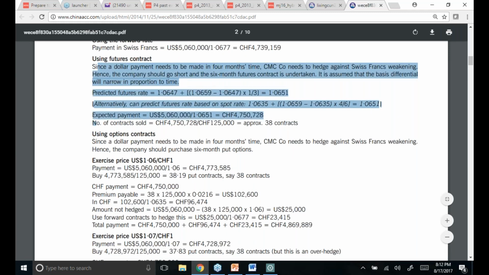Look, there is no detail. The examiner has solved it in a few lines. That's what you have to do in the exam.